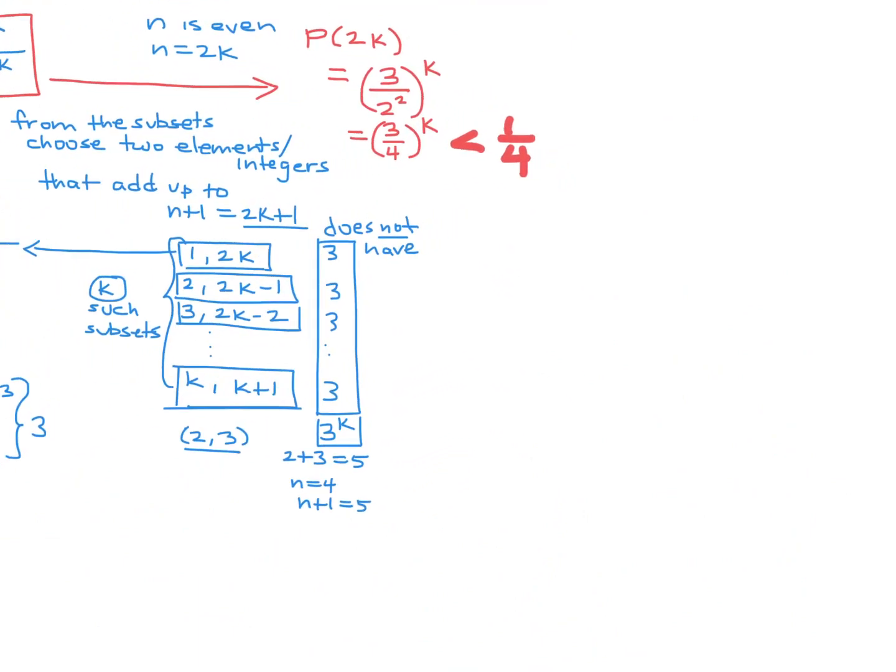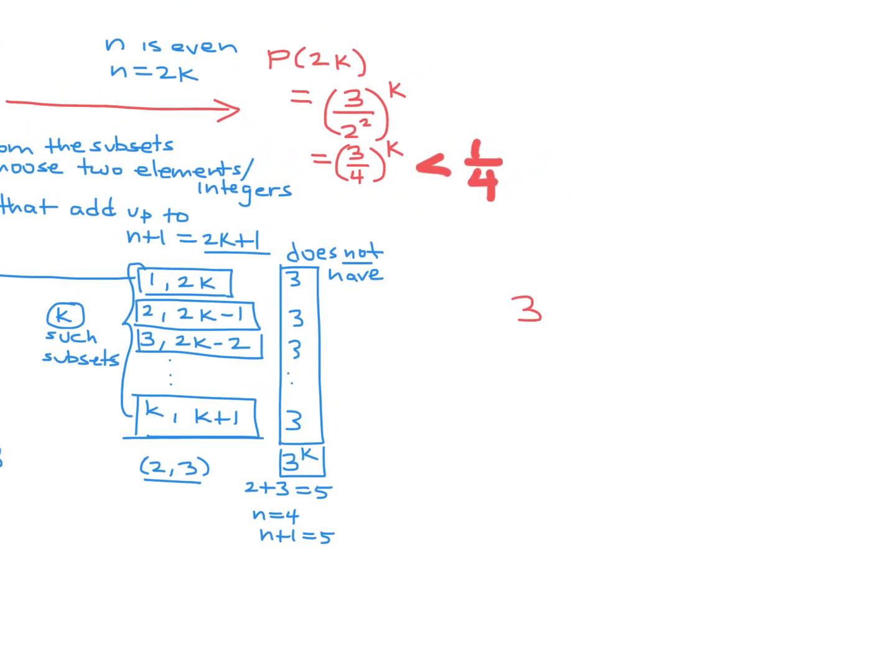And if I make it less than a quarter, then 3 over 4 to the power of k is less than a quarter. And I guess we have to figure that out. Let's see here. A quarter is 0.25, right? Okay, so 3 over 4, let me convert it to decimals. So what power of k will make it less than 0.25?